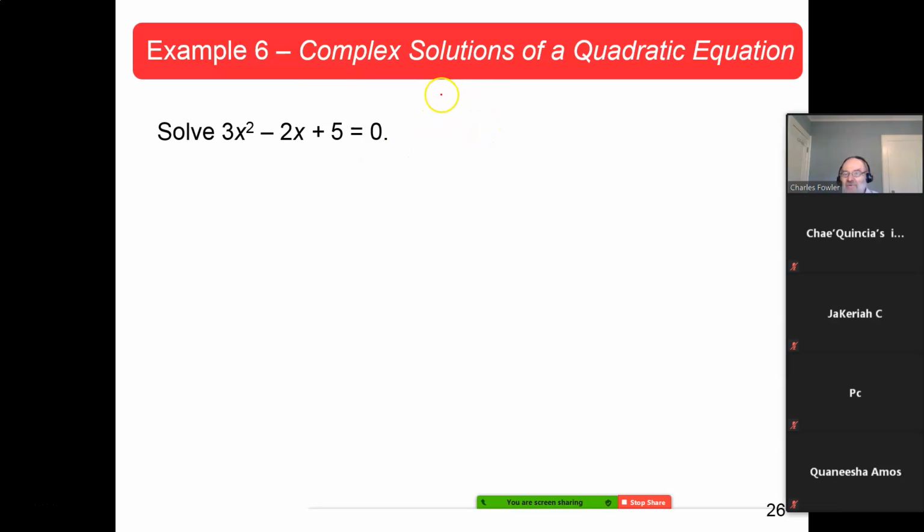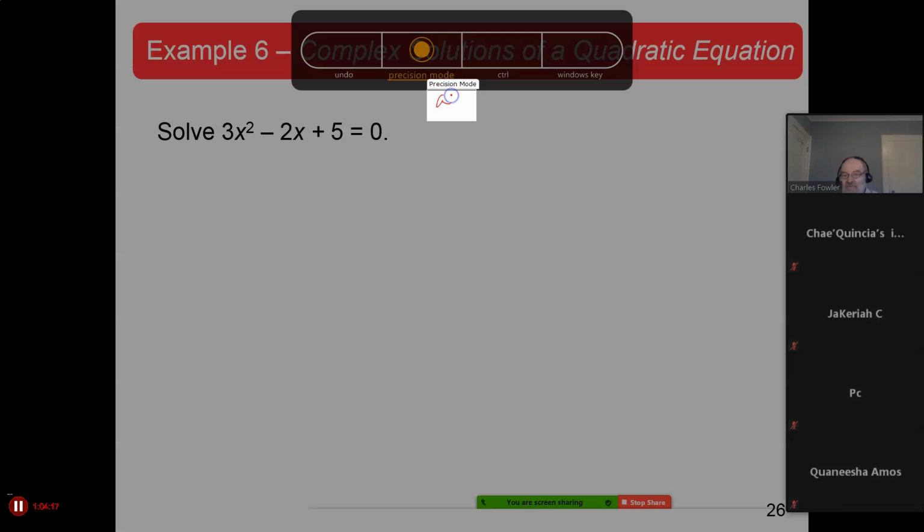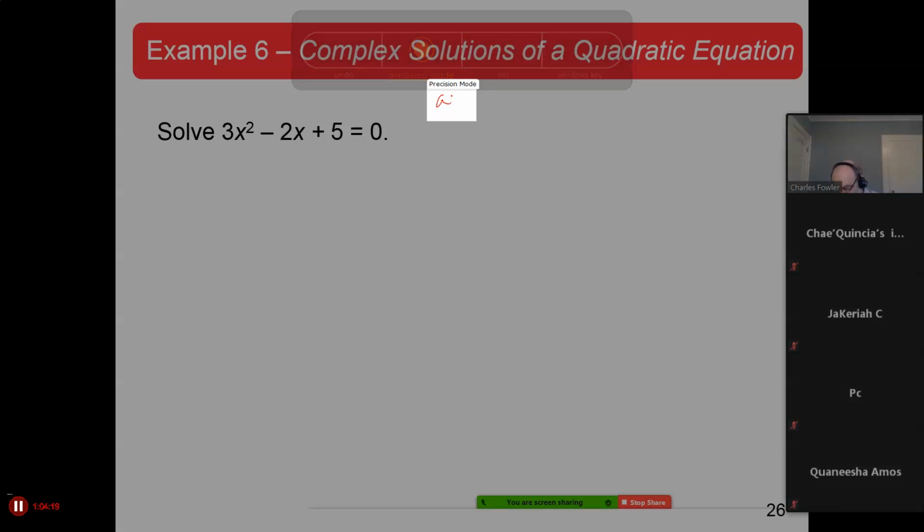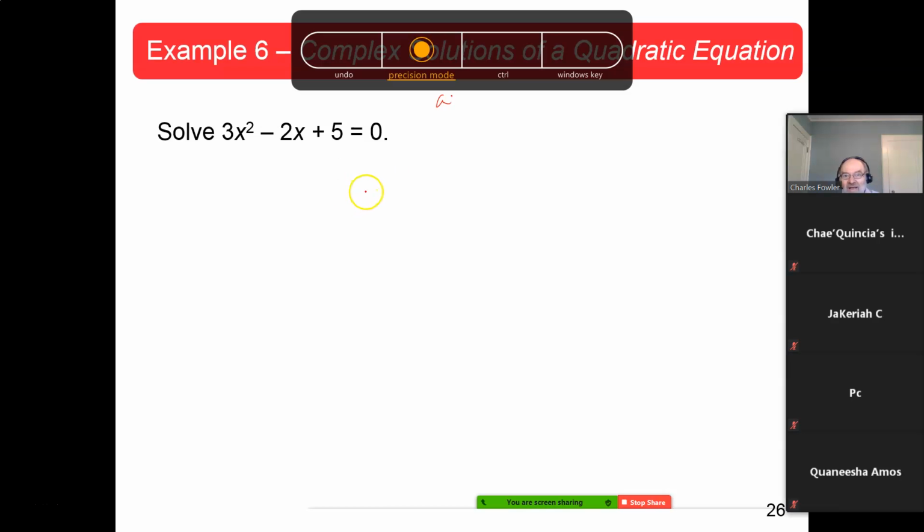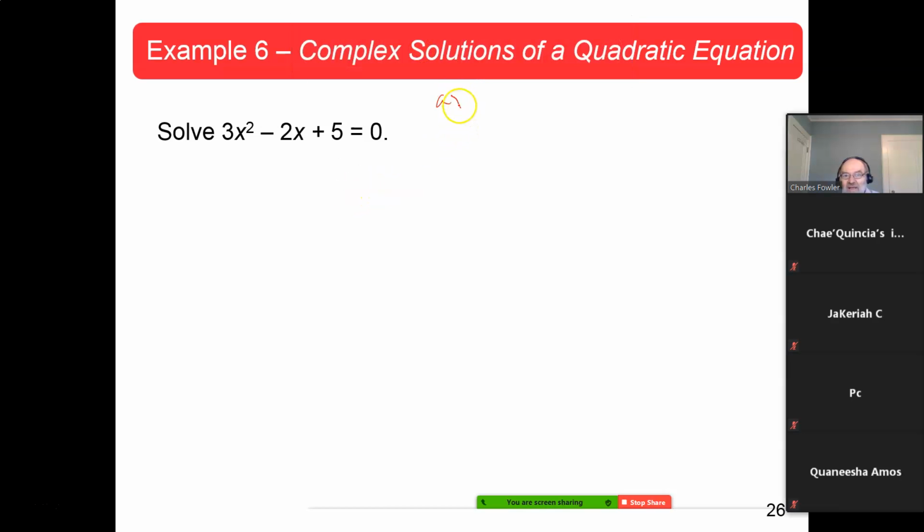For your standard quadratic equation, ax squared plus bx plus c is equal to 0. That's what we call a quadratic equation in standard form. They love standard forms, don't they? Here's the solution.